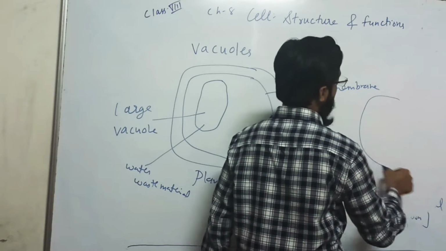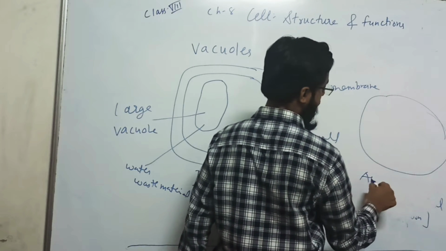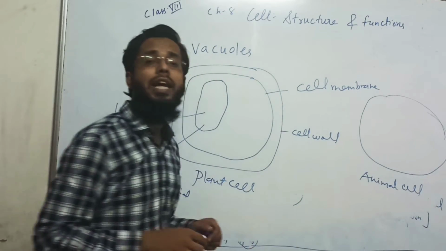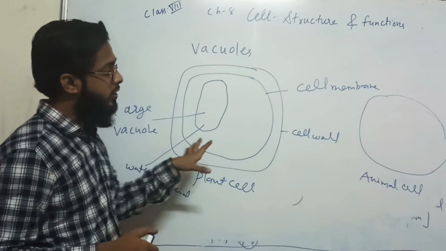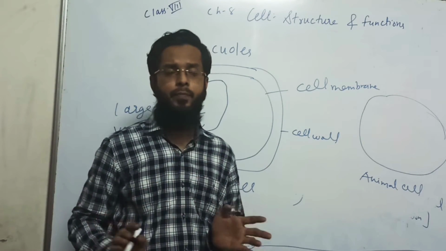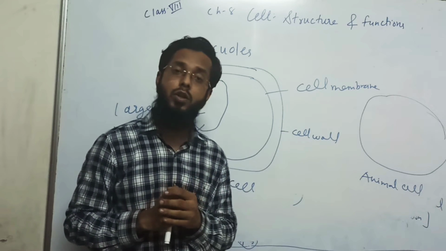In case of animal cell, vacuoles are usually absent. In plant cells there are large vacuoles. In case of animal cells, vacuoles are usually absent. But sometimes they are seen in chick cells or different animal cells also.